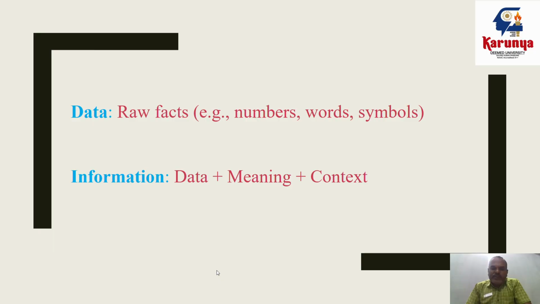When your data is connected with a meaningful context, it automatically becomes new information. That is called information, and that is the main difference between data and information. Suppose you have a document or data in your hand. It is raw. But when it gets some meaningful context, it becomes information. Can you understand the difference between data and information?